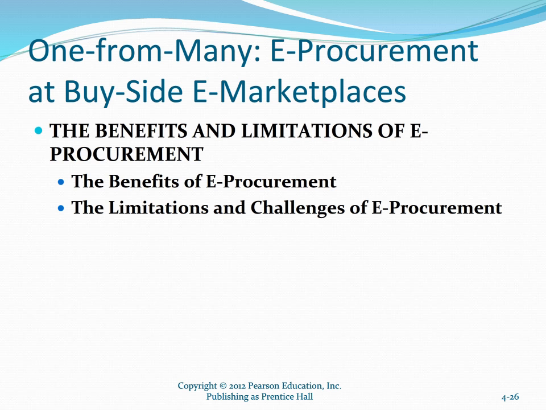We're able to minimize purchases made from non-contract vendors, thereby reducing the risk of maverick buying and controlling inventory more effectively. And there's a whole host of other benefits of e-procurement. See page 166 for a list of those. On page 167 there's a list of some of the limitations or challenges of e-procurement. The cost may be too high.